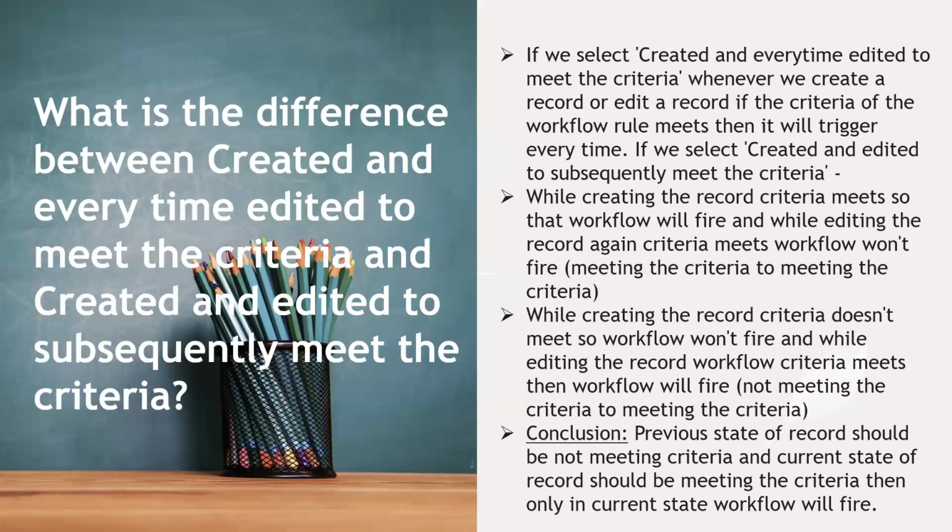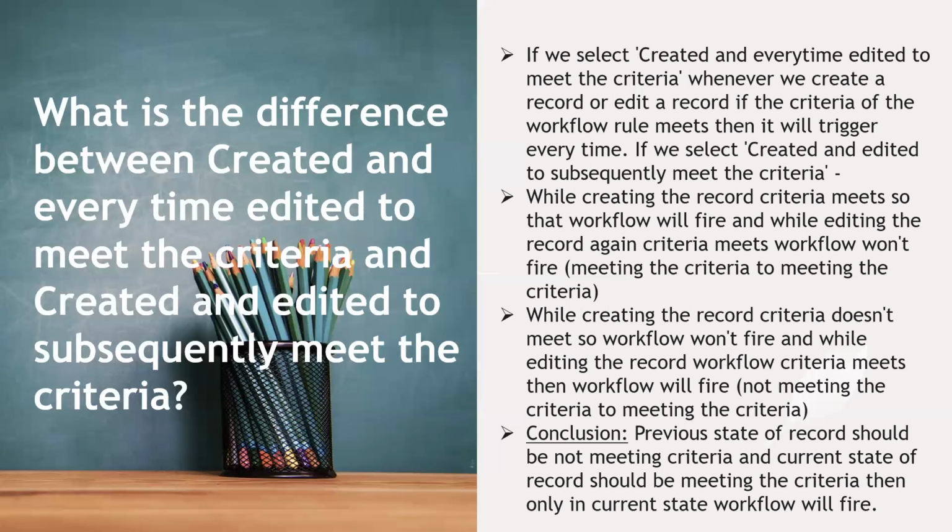It won't fire again and again like the second option. In the second option, if you edit 100 times, it is fired 100 times. But in the third option, once the criteria is matched, if you edit that record, it won't fire again and again. That's the difference.